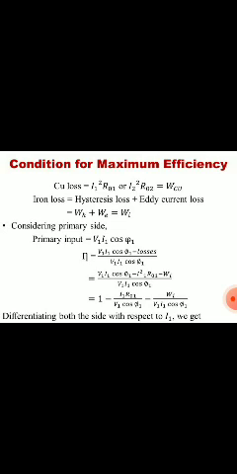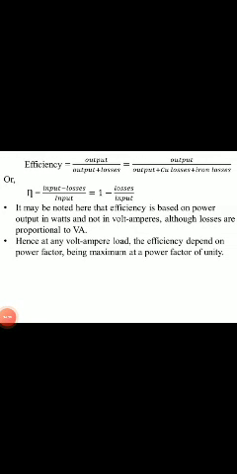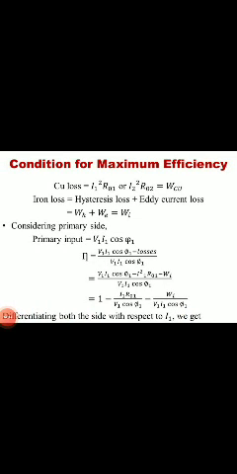Now we can put in the formula. So eta is equal to V1 I1 cos phi 1 minus losses divided by input. In the previous slide we saw input minus losses divided by input. So this is the input, V1 I1 cos phi 1, minus losses, which are iron losses plus copper losses, divided by input.